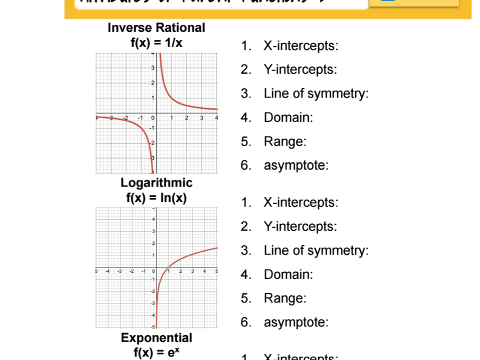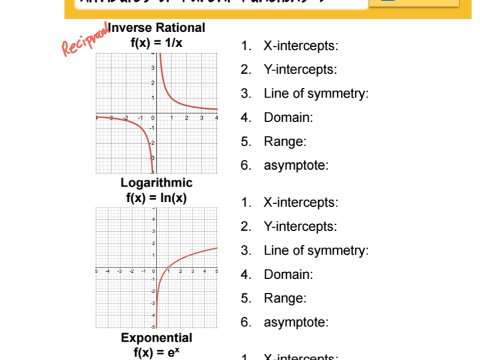Alright, next parent function is the inverse rational function. We can also call inverse what we've been talking about when we went over properties of a real number. It's called reciprocal, which means you're going to flip the x, flip whatever you have as a function.